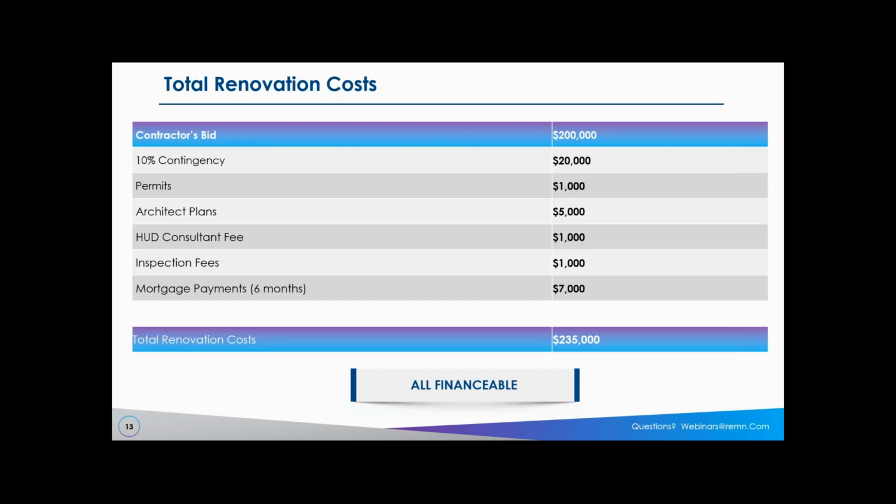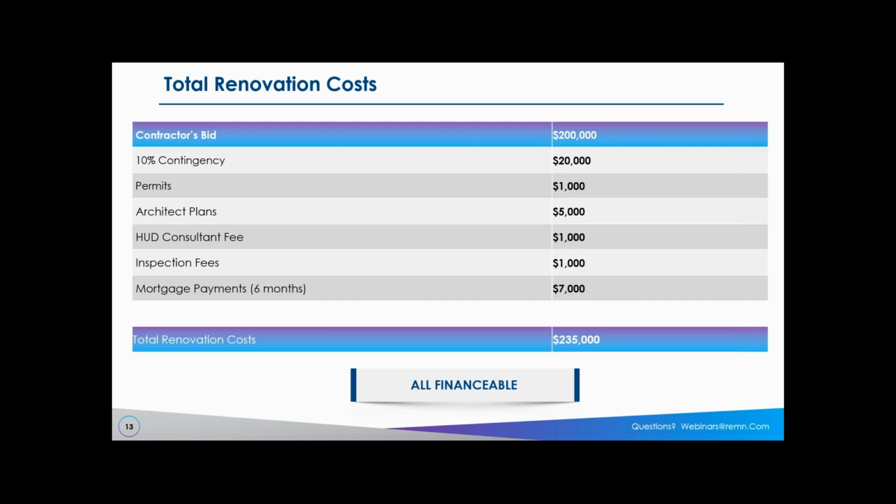We have 20 grand to play with. Now, if that's not used, we can give it back towards a principal reduction after all the work has been completed. We're also going to finance in our permit costs, any architect's plans. We'll also finance in the HUD consultant's fee, any inspection fees that they charge.